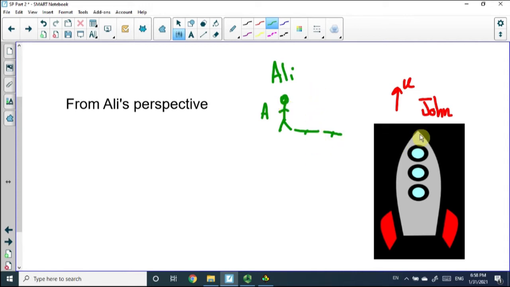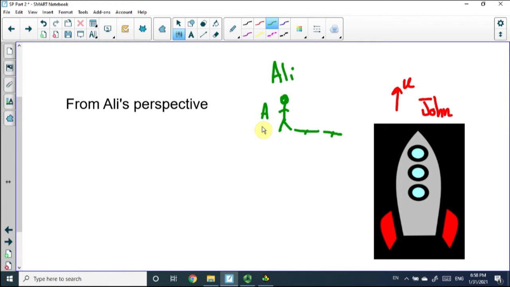Because the beginning of the event and the end of the event both happen at the same location for the observer Ali. So we can answer this question now, saying that Ali is the observer that will measure proper time. If we agree on this, let's try to find what that time measured by Ali is.